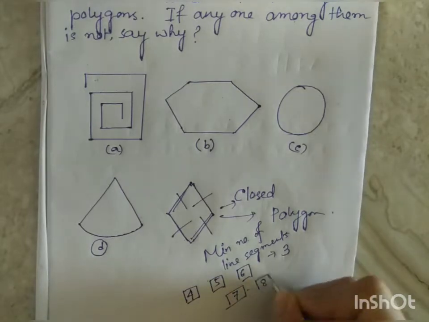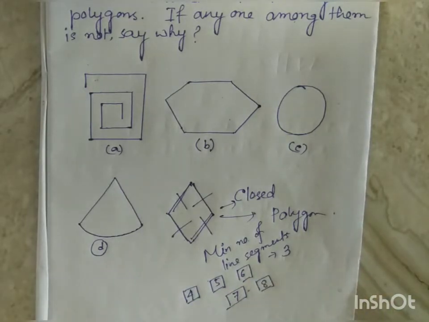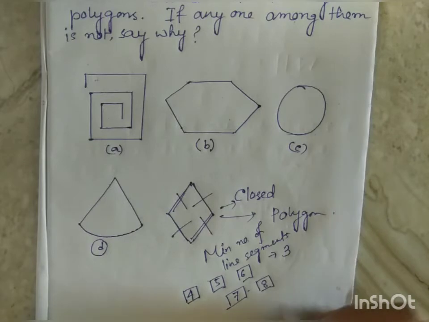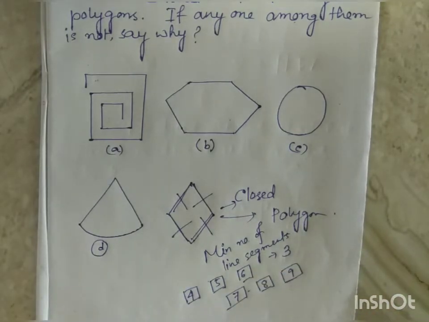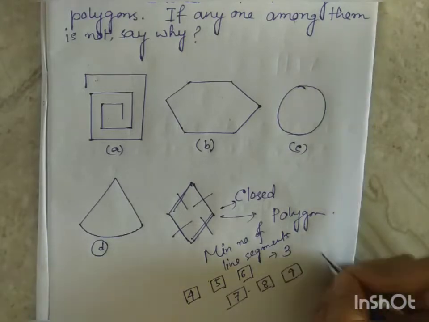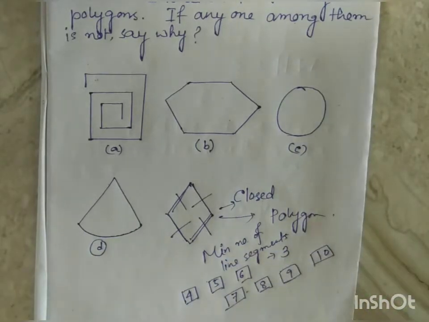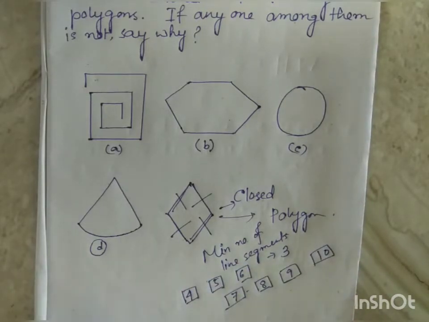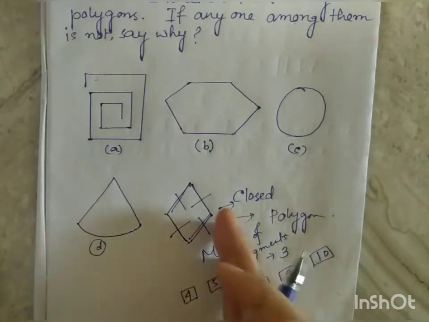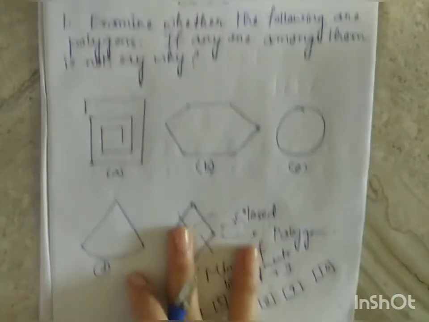If it is 8, an octagon. If it is 9, a nonagon. If it is 10, a decagon. We have already discussed these numbers of sides and what these polygons are called.